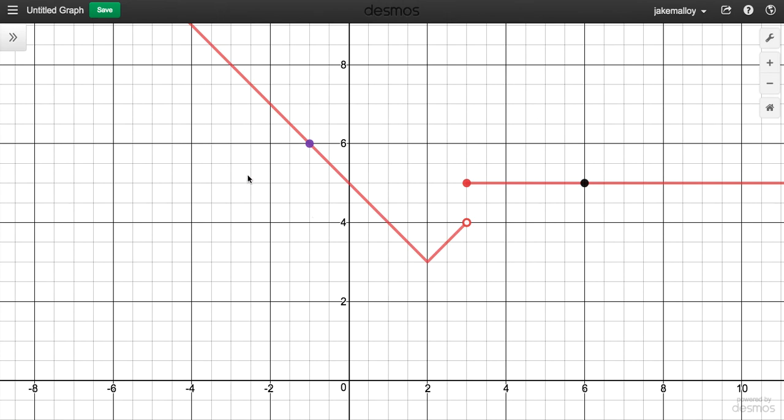So from negative infinity to 3, but not including 3, we have an absolute value. Inside the absolute value sign we should have x minus 2, and then outside of the absolute value we have a plus 3.